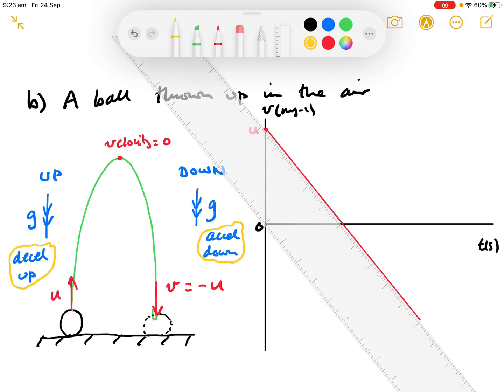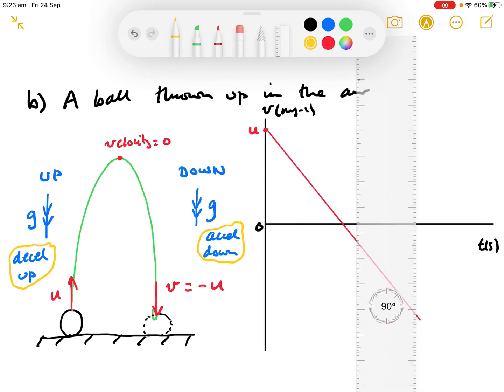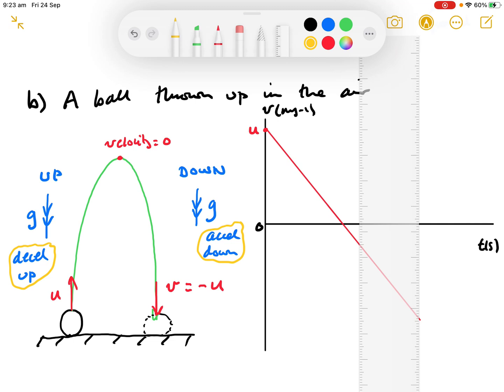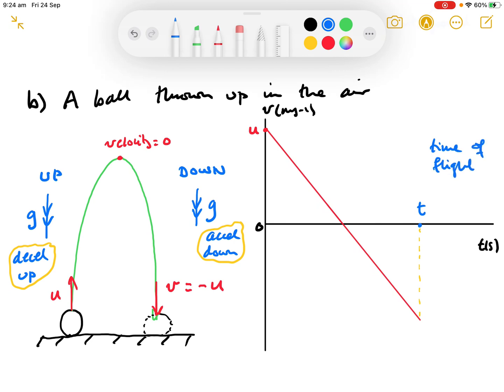Let's just pop in our construction line. So this value here, that would be the time of flight for the whole motion.